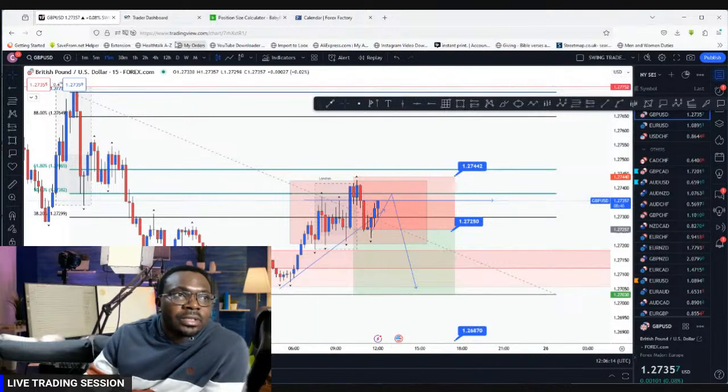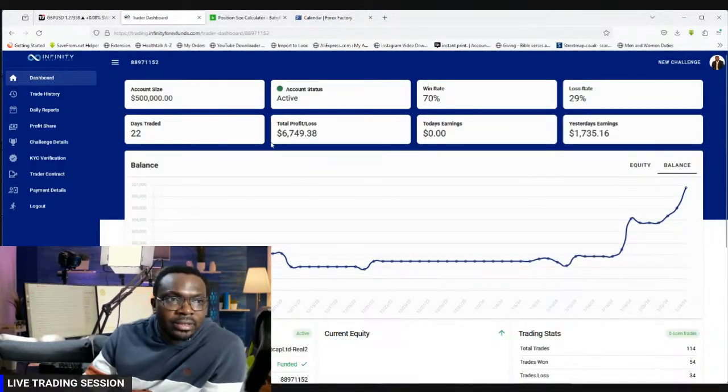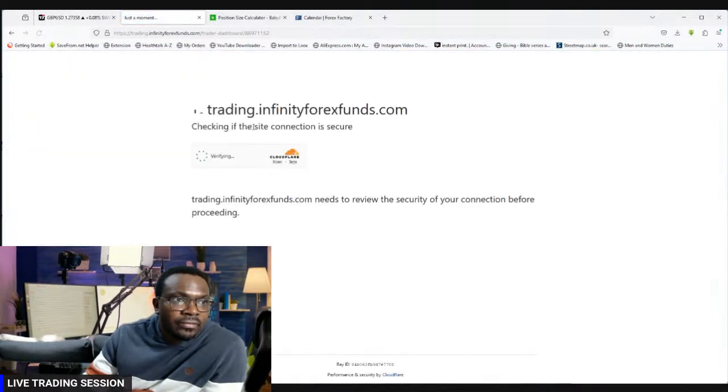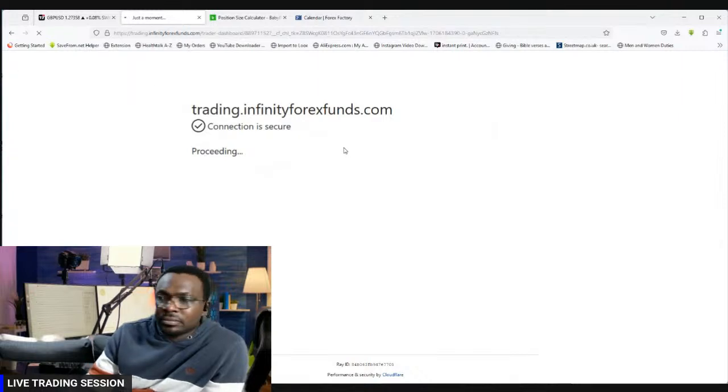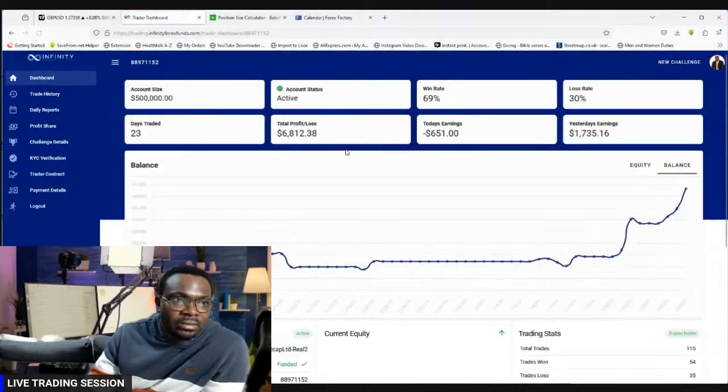Now, let me show you something else before. I'm thinking about withdrawing. I just had a loss here. So this is one of my accounts. This amount will be lower than this one. So that will be lesser. Let's see. If I refresh, I had a loss on that account.